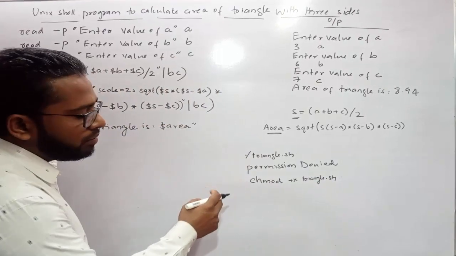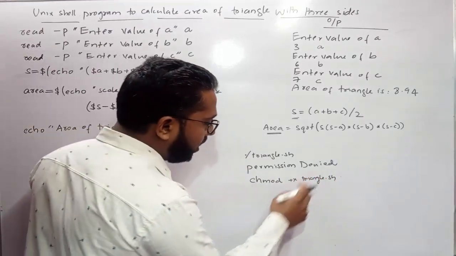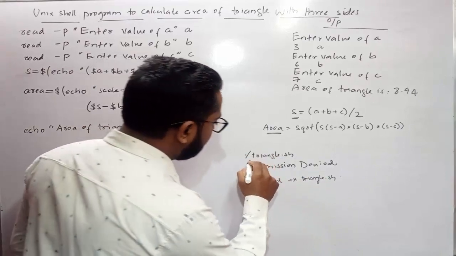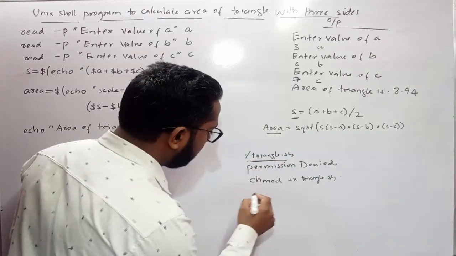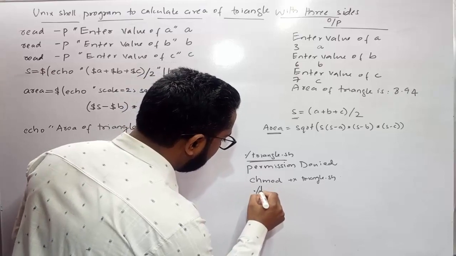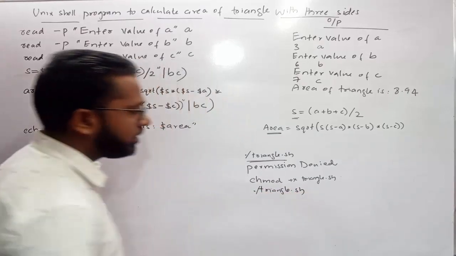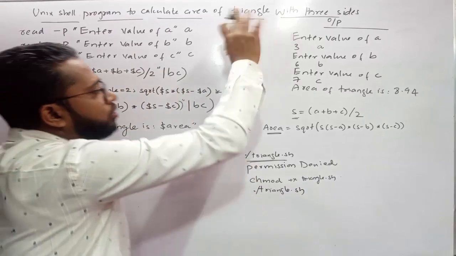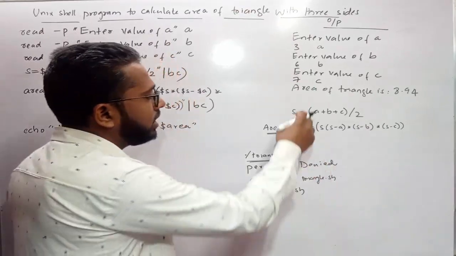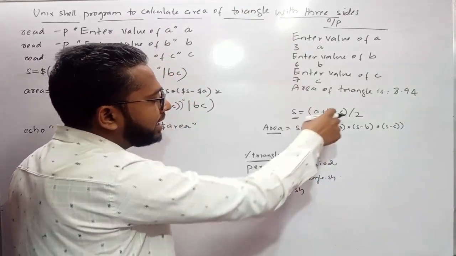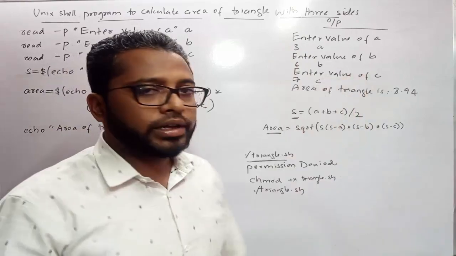Then the executable permission gets added to this file. Now you can execute this file by writing this command ./triangle.sh. Then you will get this output where you need to enter the values, and those values will get substituted inside these formulas and you will get the final output.